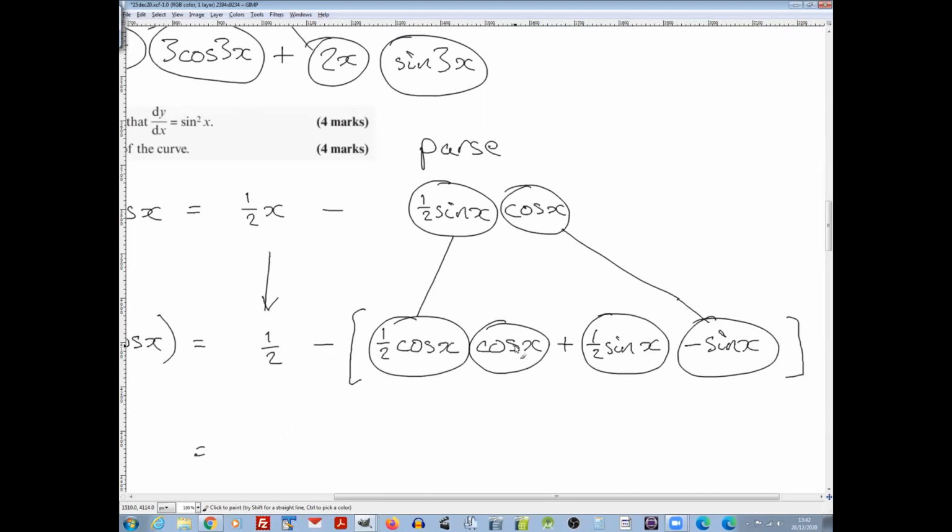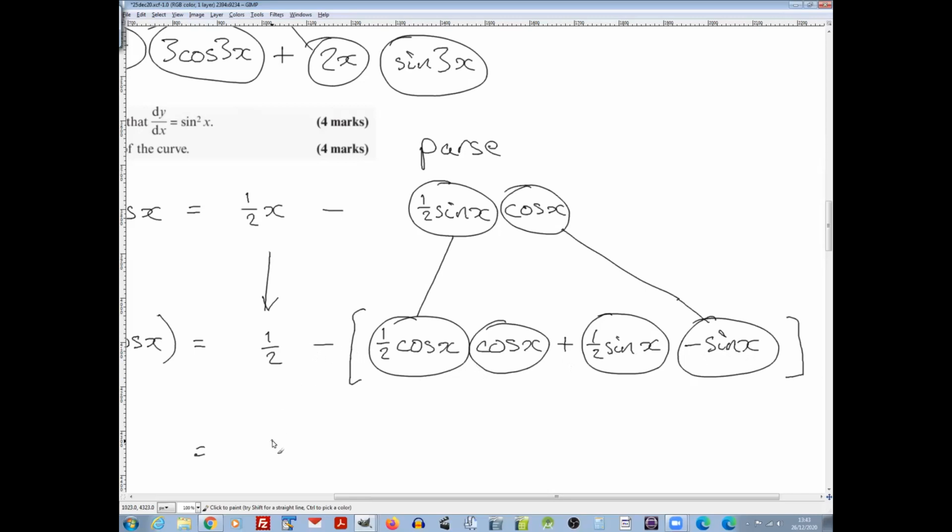It's minus a half cos squared x, isn't it? And if we can, we like to start with a plus. It's just part of the tidiness. So half sine squared x. So it's going to be plus half sine squared x, isn't it? Because it's going to be minus half sine squared x, but we're subtracting it.